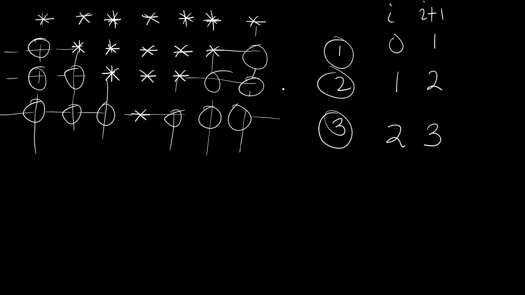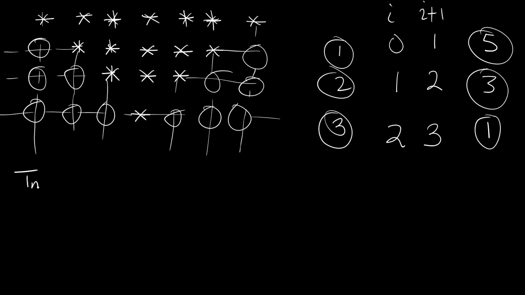Now let's also look at these stars. The first one you have 5 stars, the second one you have 3 stars, the third one you have 1 star. So we first work with the spaces.